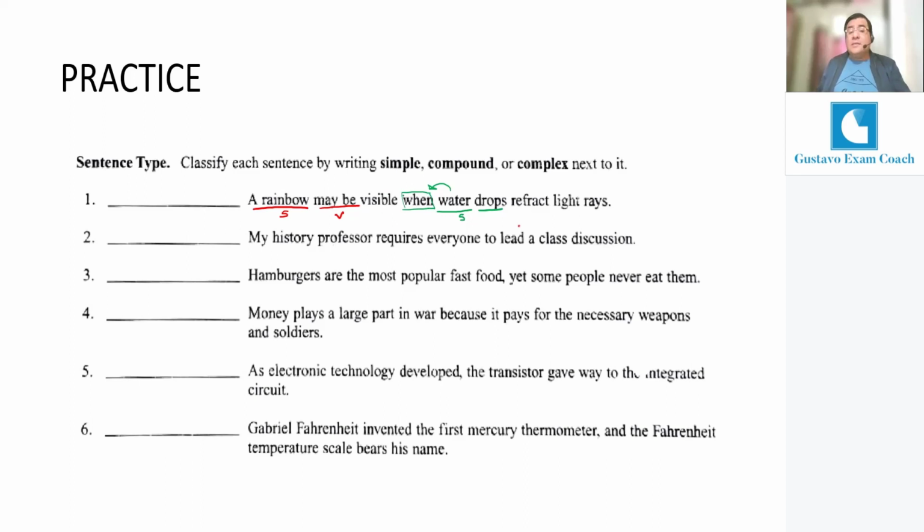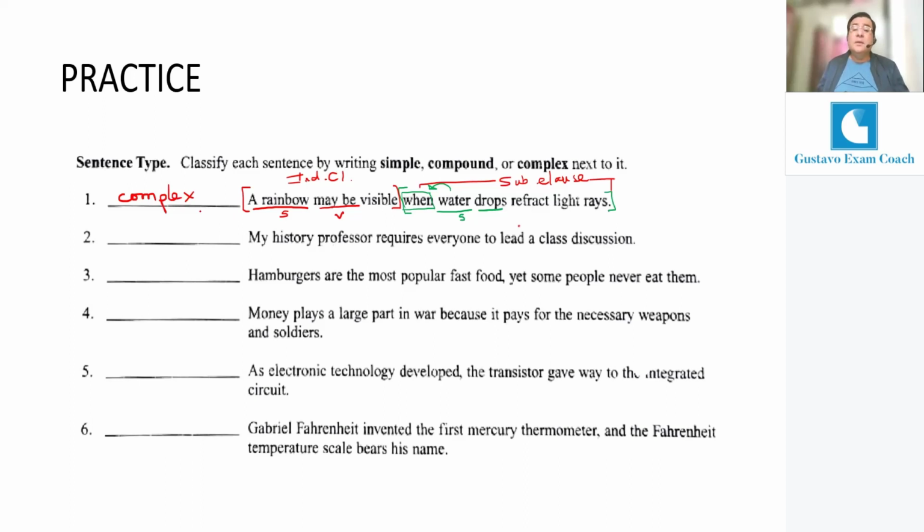Thus, the expression when water drops refract light rays becomes a subordinate clause, and this, a rainbow may be visible, is our independent clause. So clearly, this association between an independent clause and a subordinate clause is called a complex sentence. So number 1 is complex.